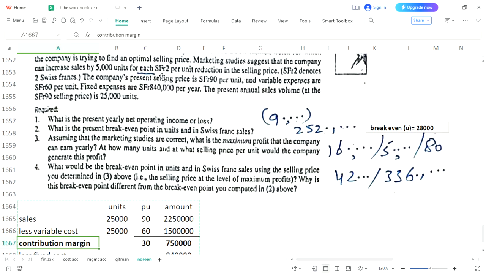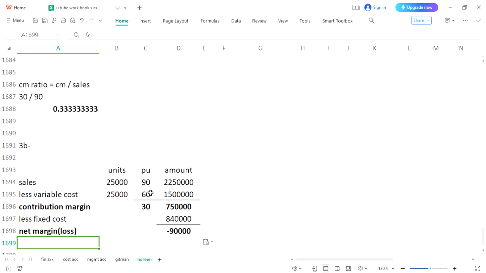To decrease the selling price by 2 rupees or $2, and 5,000 units would be increased. So right now we are selling our product for 90 rupees. By decreasing 2 rupees, what would your selling price be? It would be 88.